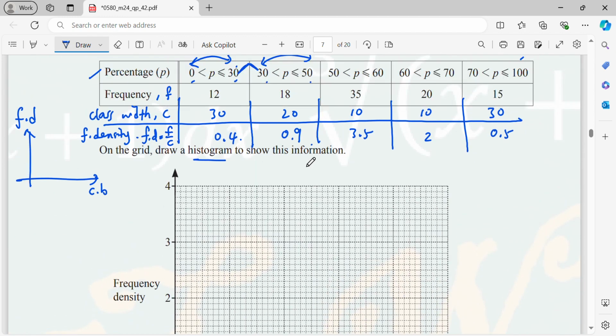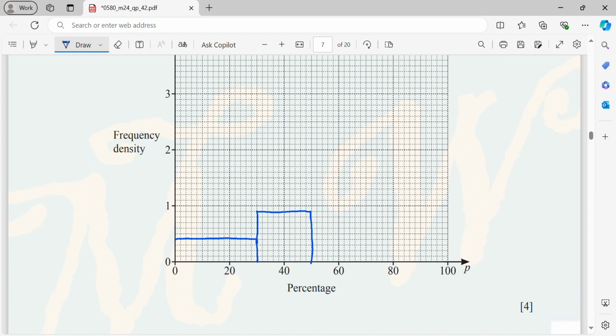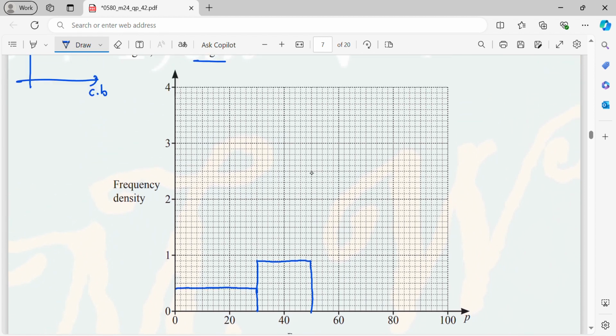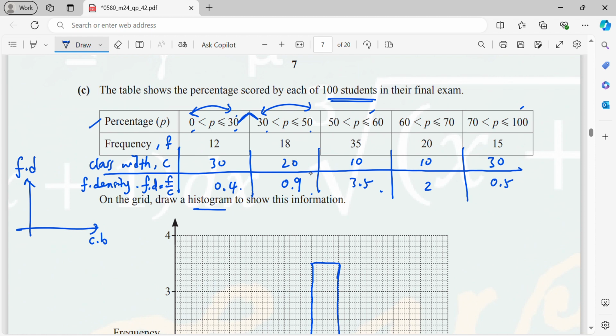Okay, then next 50 to 60, 3.5. 3.5 is in the middle. Okay, then next is 60 to 70 is 2.